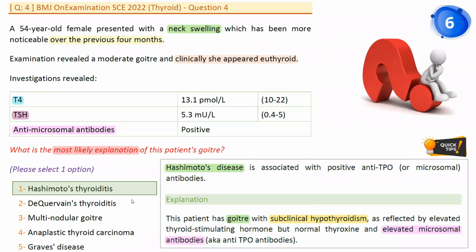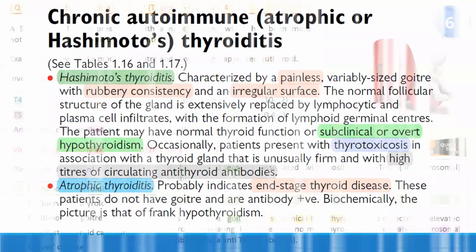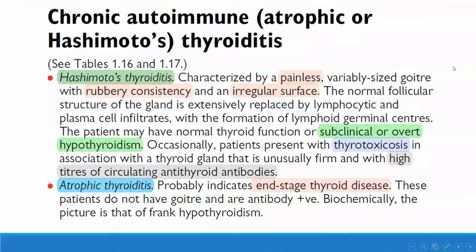So don't forget that Hashimoto thyroiditis may present with subclinical hypothyroidism. So what about chronic autoimmune thyroiditis, which means atrophic or Hashimoto thyroiditis?